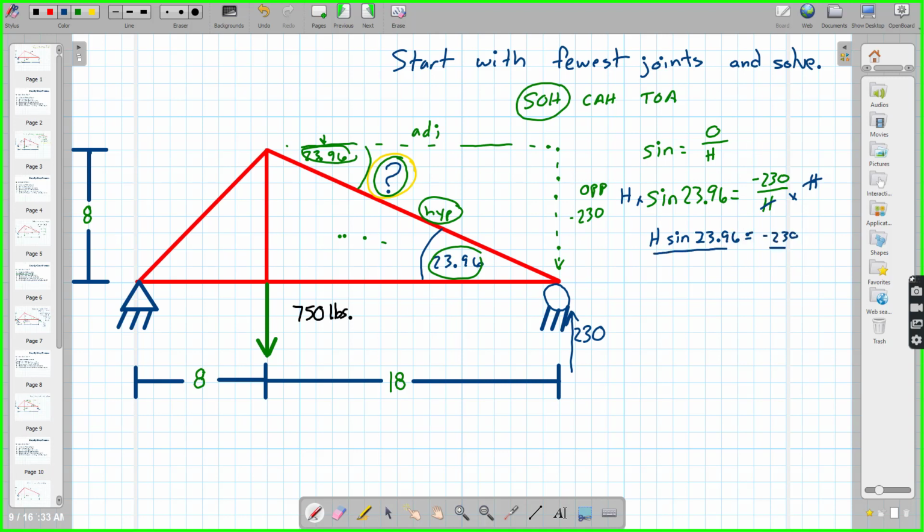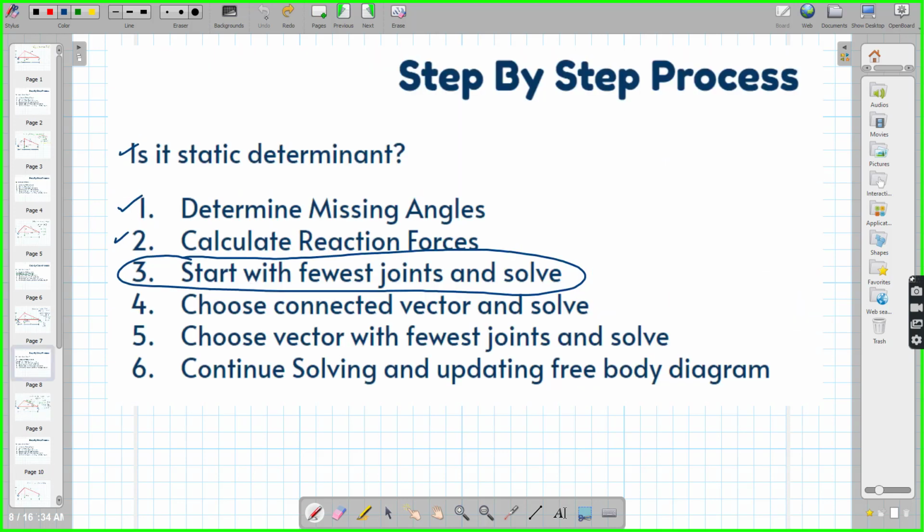I'm going to divide both sides now by the sine of 23.96. And that will give me that answer that I've been looking for. H, my hypotenuse, equals 566.36. So I know right here that this side, the question mark, that goal we've had is 566.36.